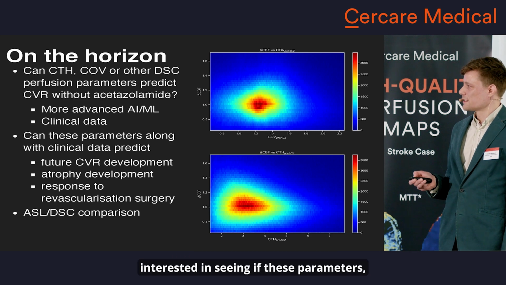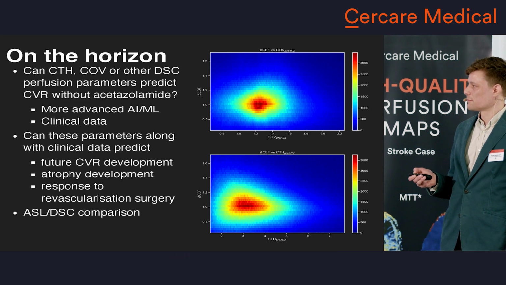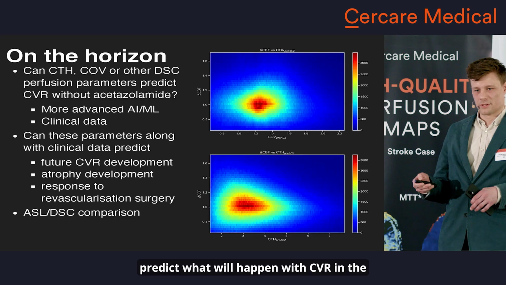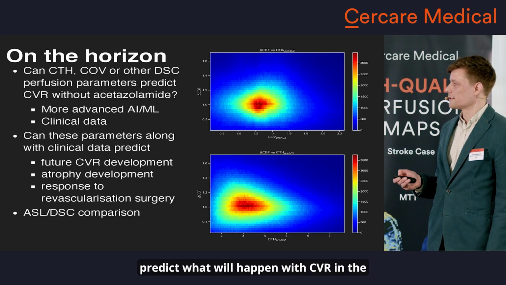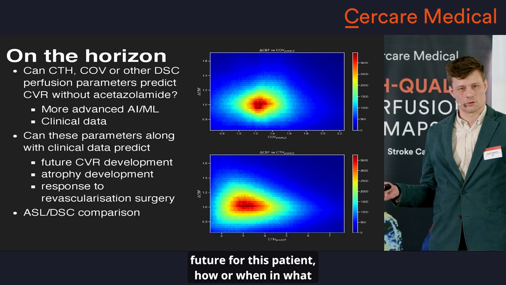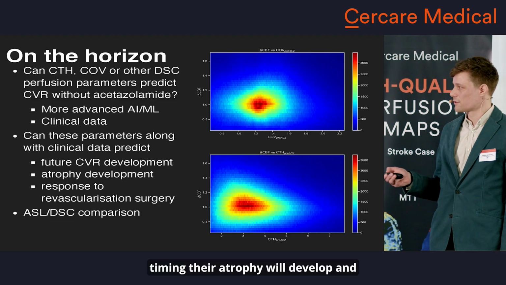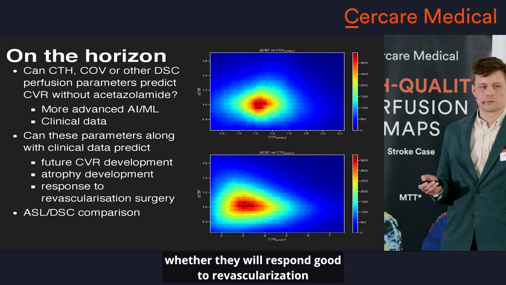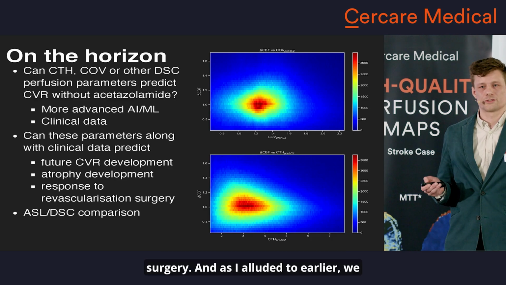We're also very interested in seeing if these parameters, both the delta maps and the pre-maps, can predict what will happen with CVR in the future for this patient, how or when, in what timing their atrophy will develop, and whether they will respond well to revascularization surgery.